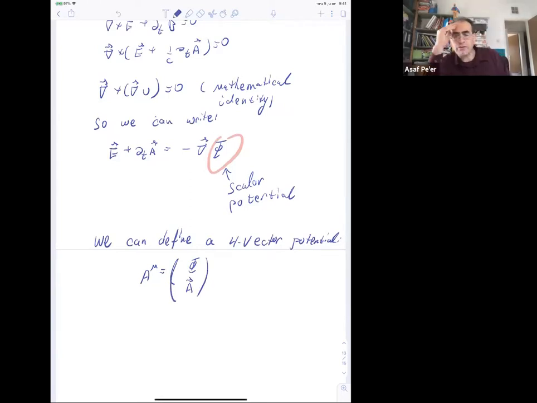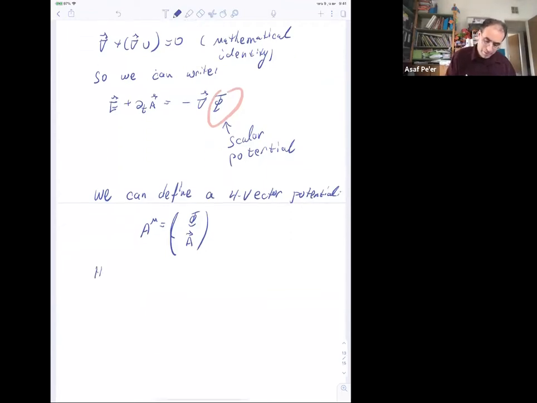Again, this is a 4-vector with all the properties of a 4-vector. Using this, we can now write down the remaining two Maxwell's equations, the Gauss law of magnetization and Faraday's law, so the homogeneous Maxwell's equations.